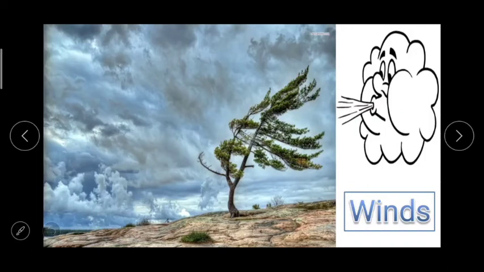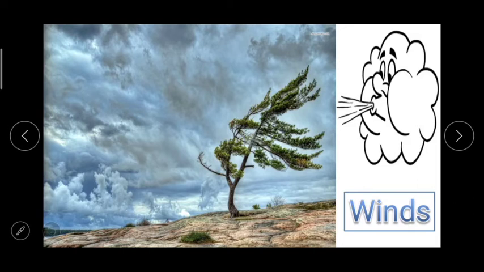So my dear students, today in Standard 7's Geography, we'll be learning the topic winds. Our last chapter in Geography was air pressure, and in that we discussed the concept of air and air pressure.